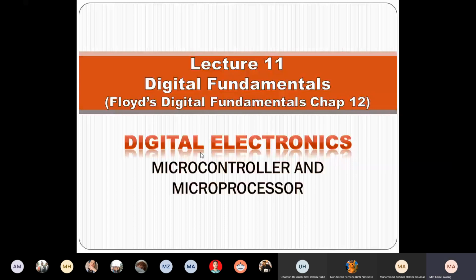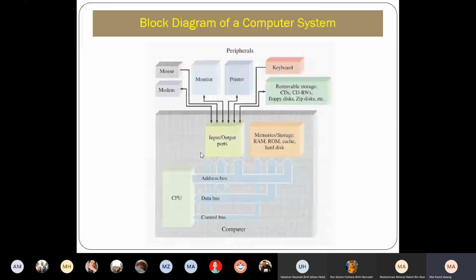Okay, this is a block diagram of a computer. Any computer, basically, has this. You have the motherboard, which consists of the CPU, central processing unit.